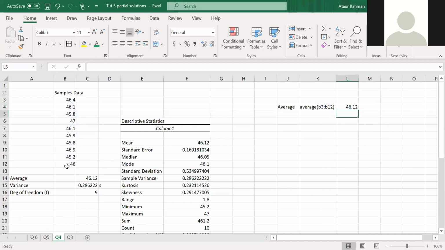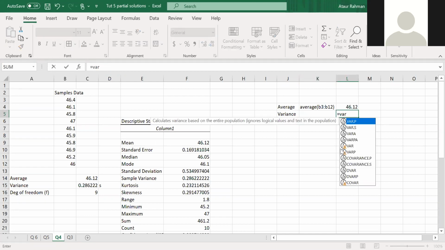And then we have to find the variance. If you want to find the variance, probably I better use capital letters here. The variance function is VAR.